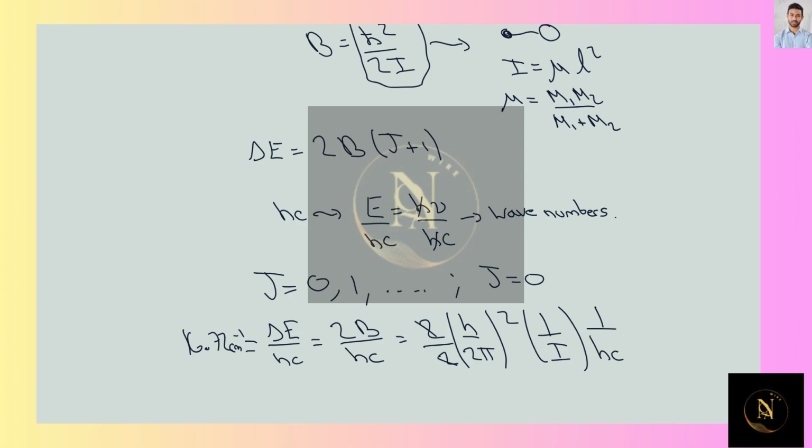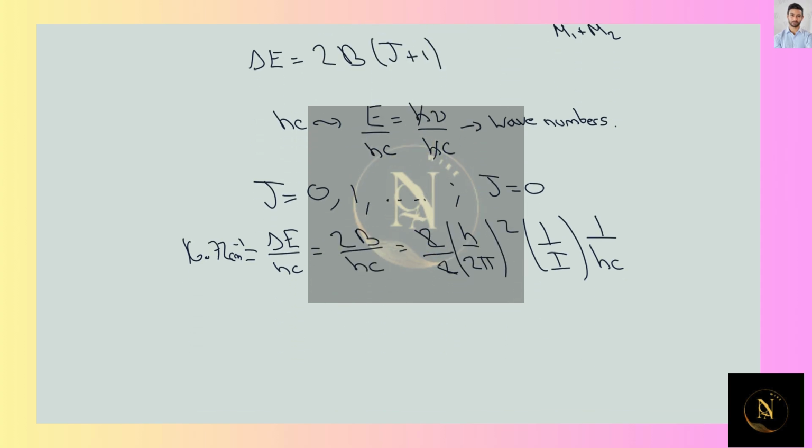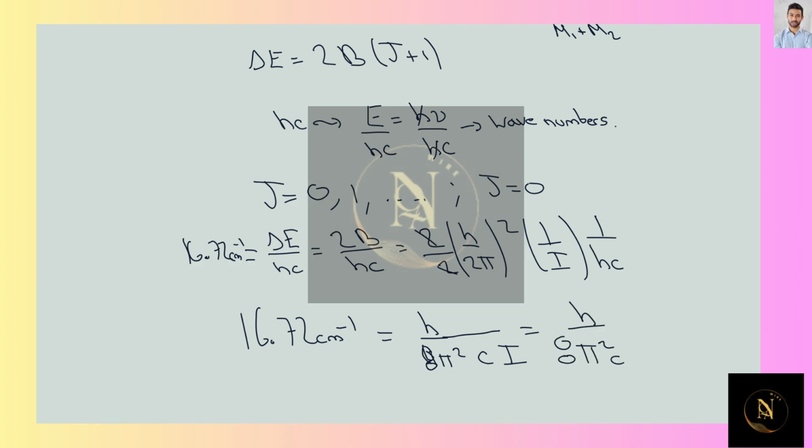So the result now becomes that 16.72 centimeters to the minus 1, the wave number, will be equal to h divided by 4 pi squared times c times moment of inertia. So over here, 8 pi squared times c times moment of inertia. And this now becomes h divided by 8 pi squared times c. The moment of inertia, we said that was the reduced mass times the bond length squared.